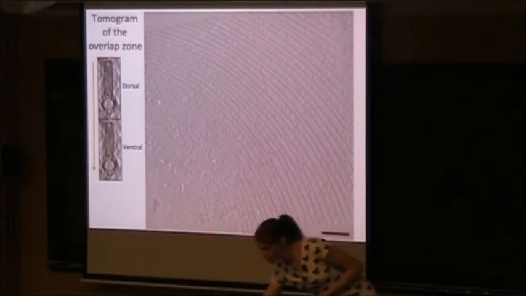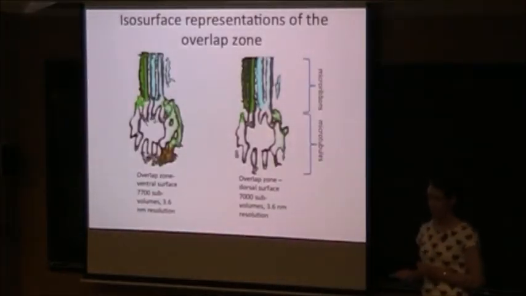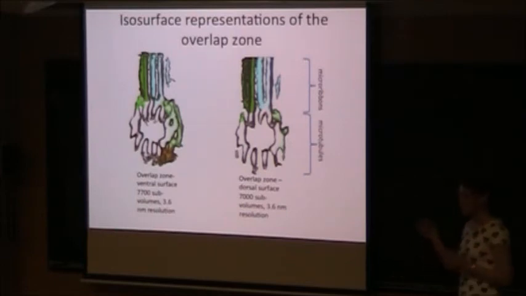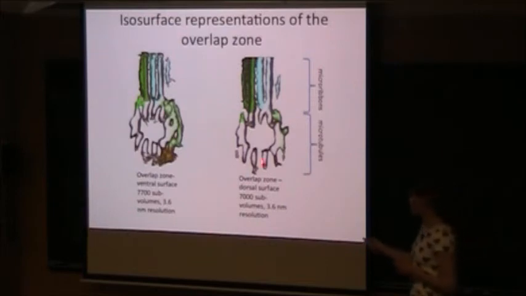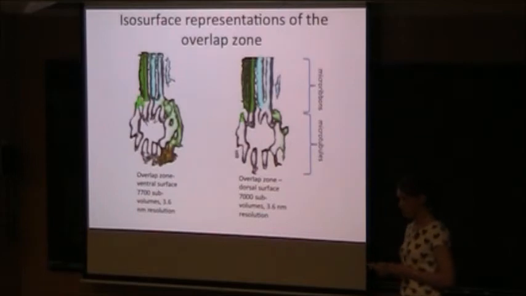All right, so this is the kind of information we're getting out of this process. Once we obtain those tomograms I just showed you before on the previous slide, we get to this kind of data. And these are isosurface representations of subvolume averages. So what we do is we take our tomogram, like I showed you before, and we'll model along the microtubules.